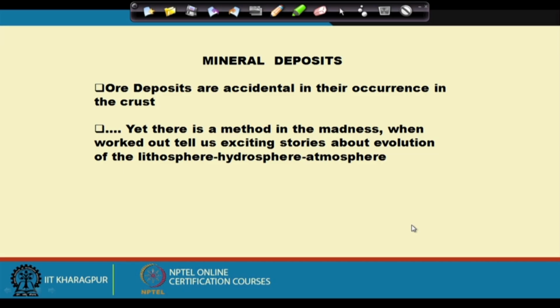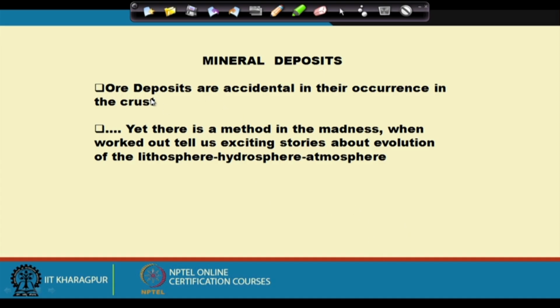As I have said before, this course is a first level course where we do not have much scope to delve deeper into the subject of ore genesis, or the origin and evolution of ore deposits. We only look at them in a very brief and conceptual manner, without getting into much detail. So, let us first try to see the attributes of these mineral deposits and what they are.